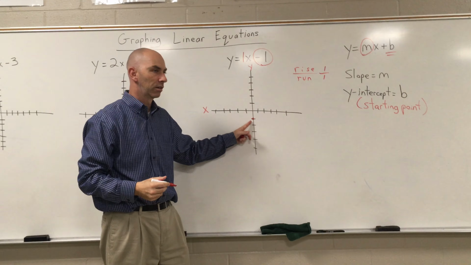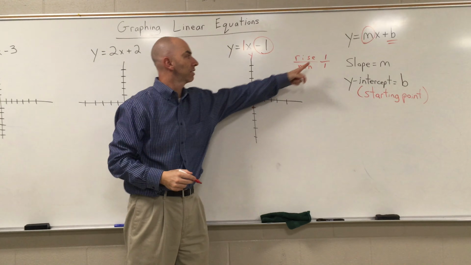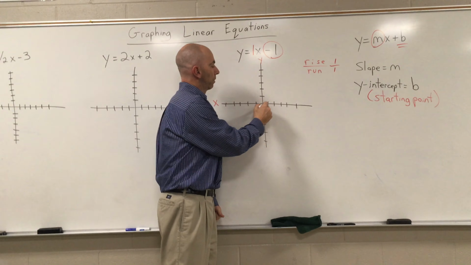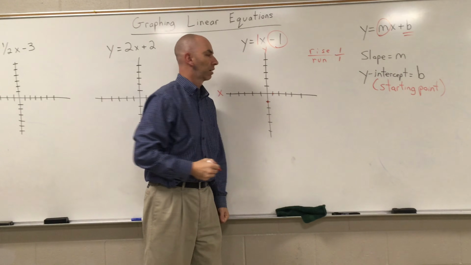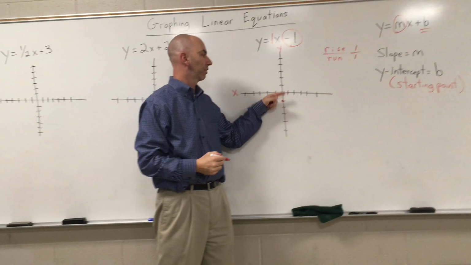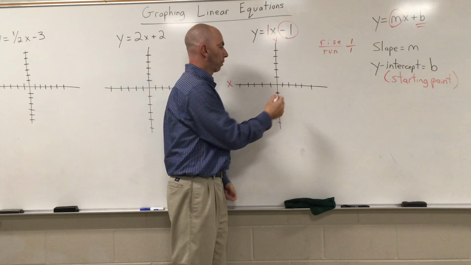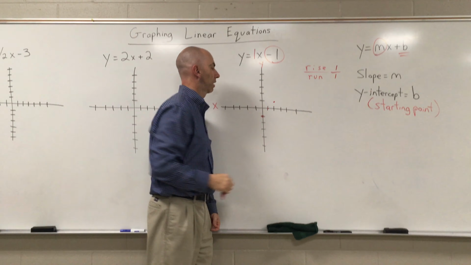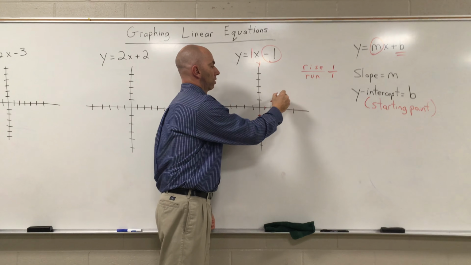From here, I'm going up 1 to the north, and then 1 to the right, because both are positive. Keep doing that a couple of times. Up again, right again.